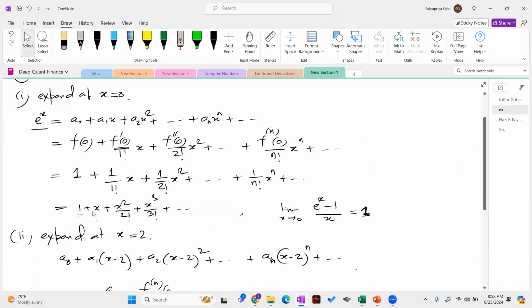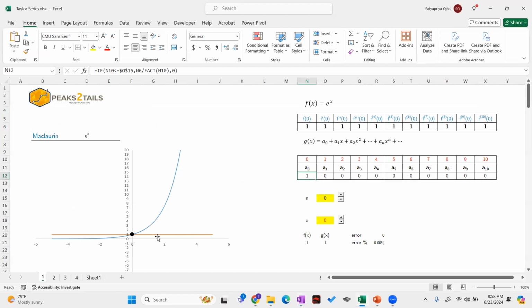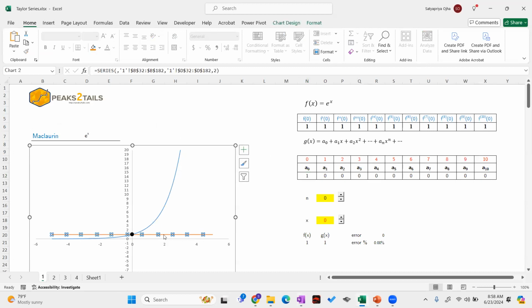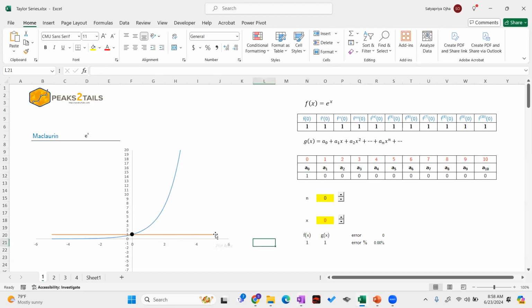If you include 2 terms, it will be 1 plus x, right? So first term is 1. My constant approximation of e to the x is, I'm saying it is 1. Always 1. If it is always 1, then my graph of the polynomial would look like this. It's a constant approximation. It passes through 1. Everywhere it is 1. Okay?